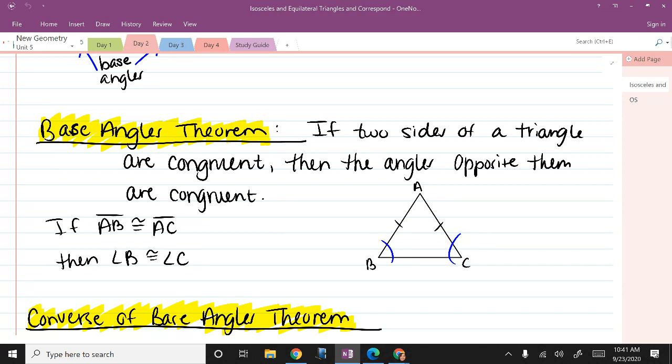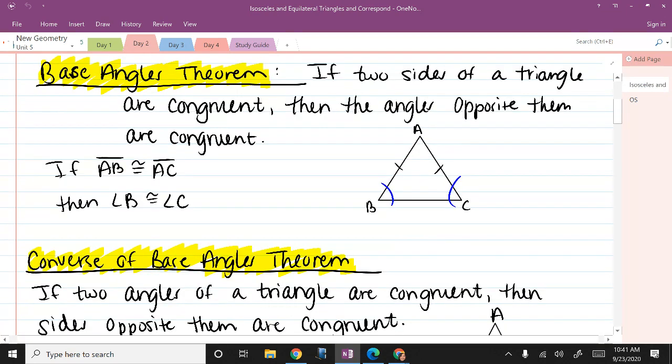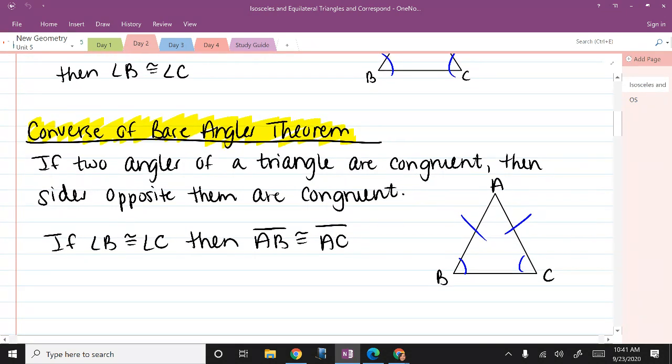Okay? So below that, we have the converse of the base angles theorem. Now, what does a converse theorem do? It reverses the hypothesis and the conclusion. Y'all with me? All right. So a converse theorem reverses the order in which you say the hypothesis and conclusion.